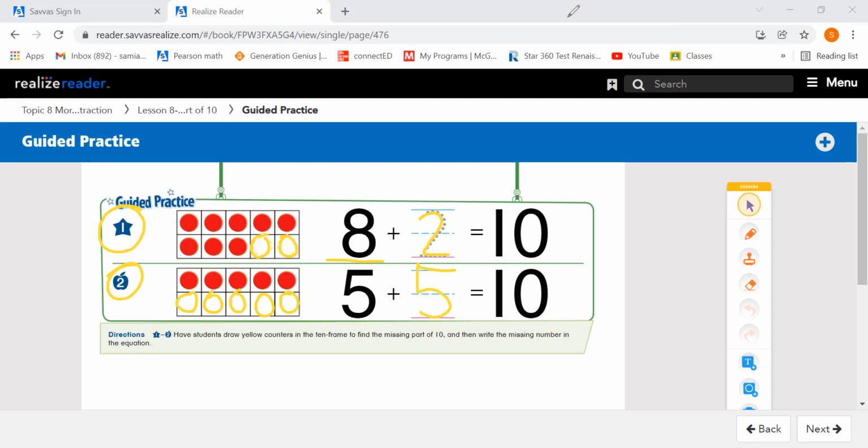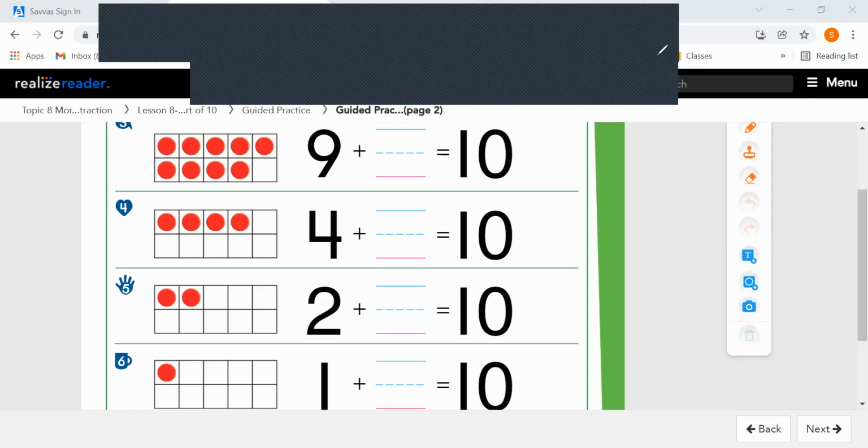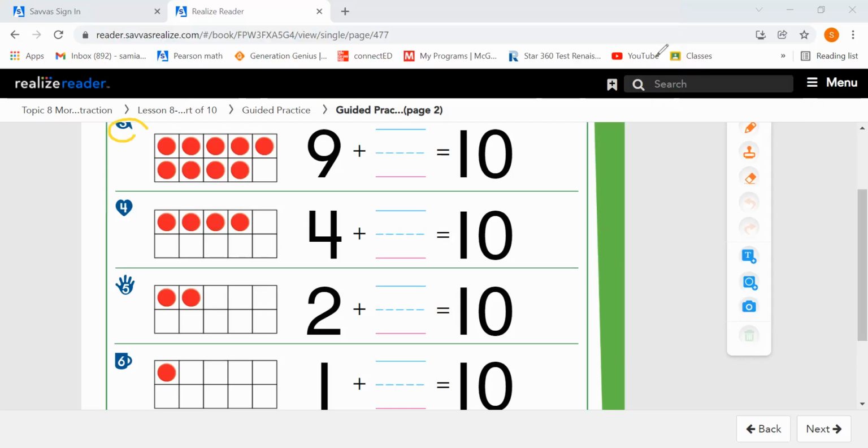Let's go on to number 3. All right, we are at number 3 here. You're going to draw yellow counters in the 10 frame to find the missing part of 10, and then write the missing number in the equation.